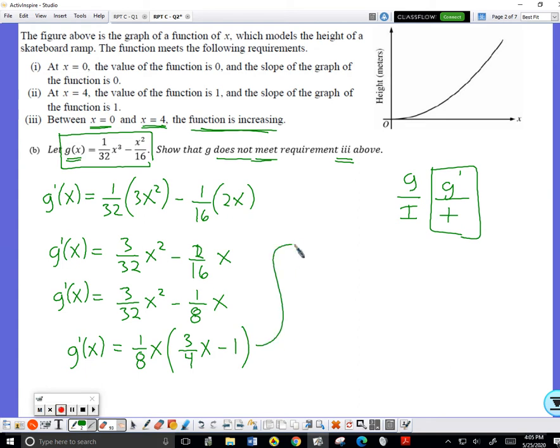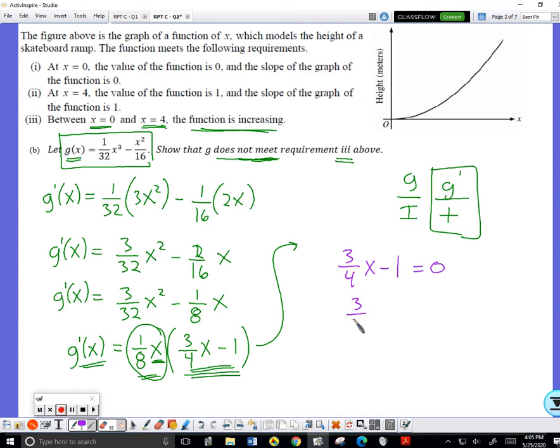Okay, now what we have to show is these two things are being multiplied. When x is between 0 and 4, this will not make g prime negative, because we're trying to show that it does not meet the requirement. However, this right here is interesting. So we have 3/4 x minus 1. Let's see when this is equal to 0.